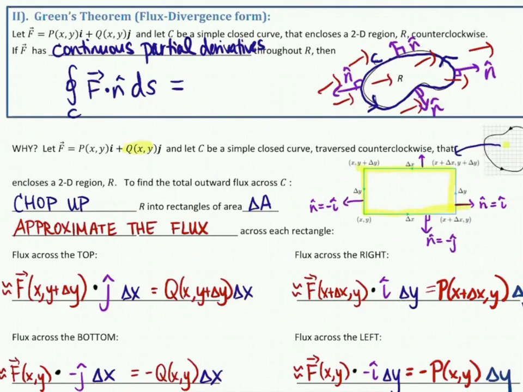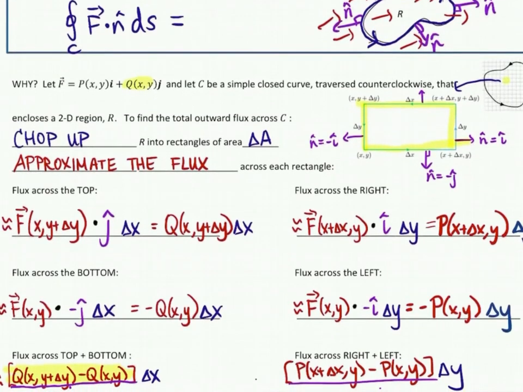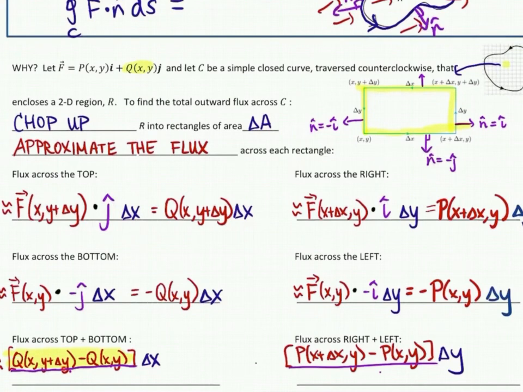Okay, and so this is what you should get for the flux across the other sides. And now we're going to put that all together. We'd like to add the total flux on each side of this rectangle and see what we get for the net outward flux through the whole thing. So let's start by adding the flux across the top and the bottom, which is just adding this and this. Notice this itself looks like the numerator of an expression that we saw back in chapter 11.